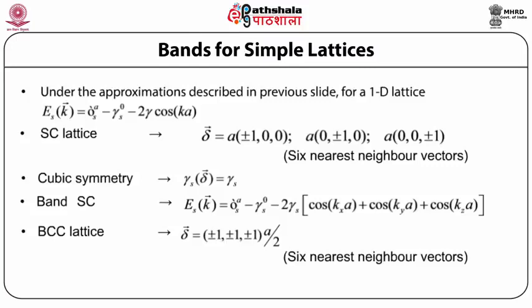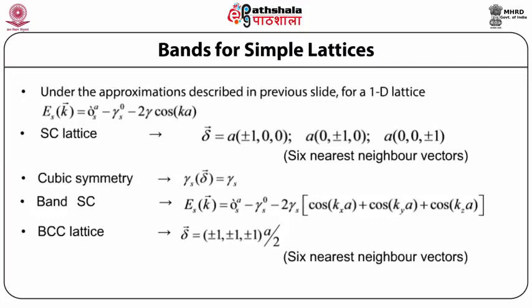For a simple cubic lattice, the 6 nearest neighbor vectors are the vector delta equal to A times plus minus 1 0 0, A times 0 plus minus 1 0, and A times 0 0 plus minus 1. The cubic symmetry guarantees that gamma S as a function of the vector delta is equal to gamma S. This yields for the band the following equation for ES.